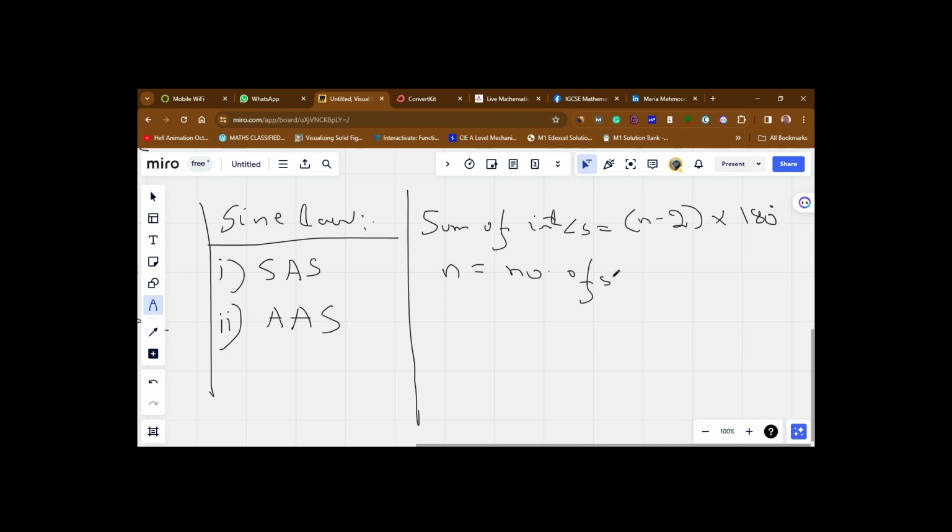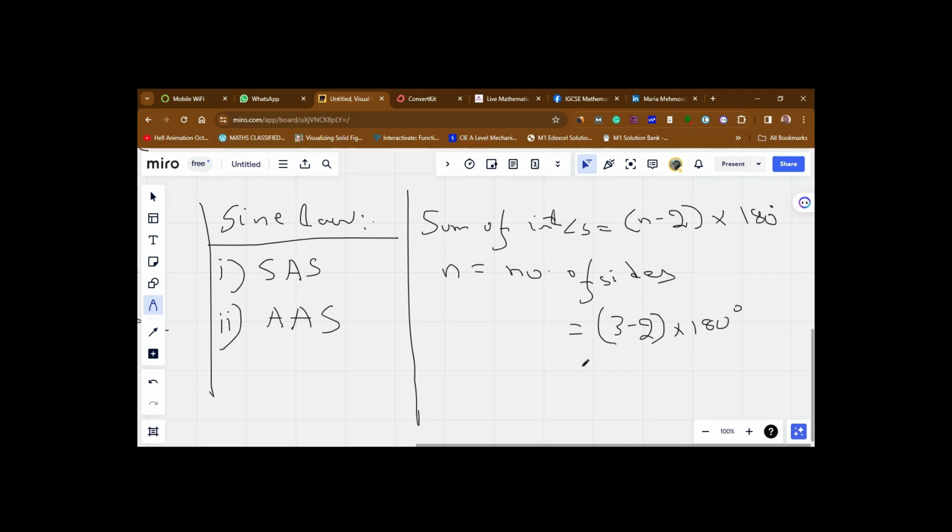Clear? So when I talk about my triangle, the triangle is the very first polygon, the very first figure in the family of polygons. So when you talk about your triangle, you have three sides. You just substitute over here and multiply by 180.